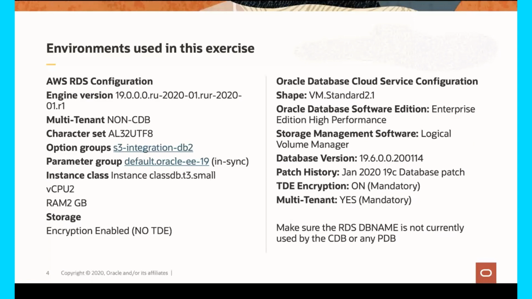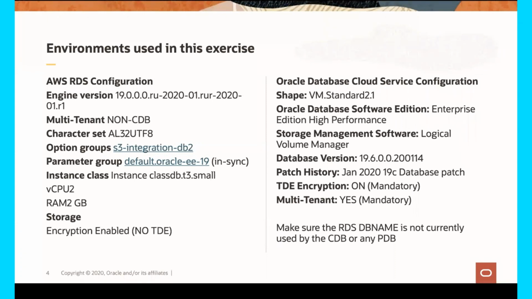If you have such a database, the wallet is managed by RDS and you don't have access to the wallet. It means that to move this database to some other location, you need the master key from that wallet to open that database. So if that's the case, you need to clone the RDS instance that you want to move and turn off TDE encryption before you do that. Otherwise, you would not be able to access the wallet and get the key to keep that same encryption on another platform.